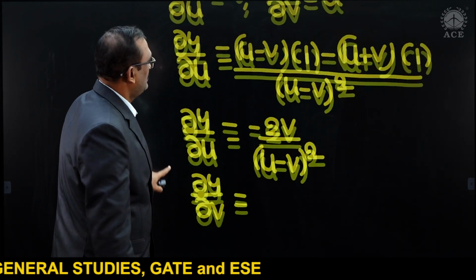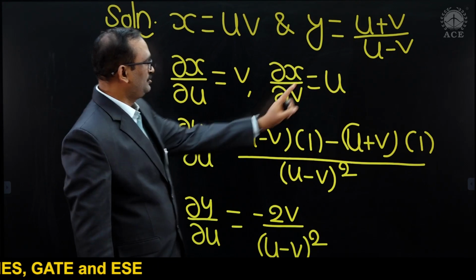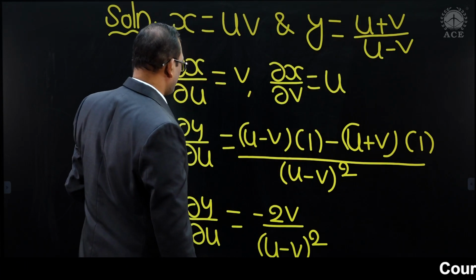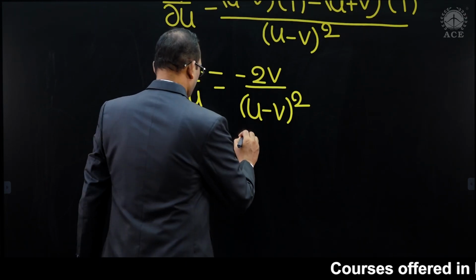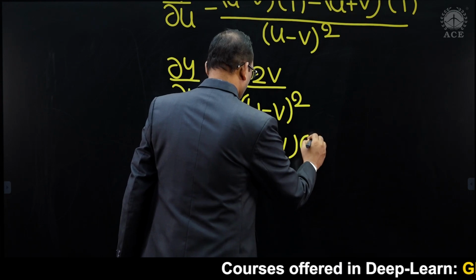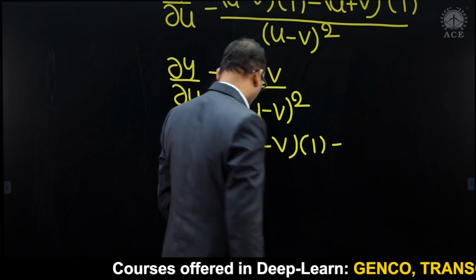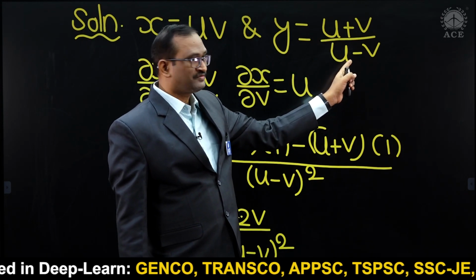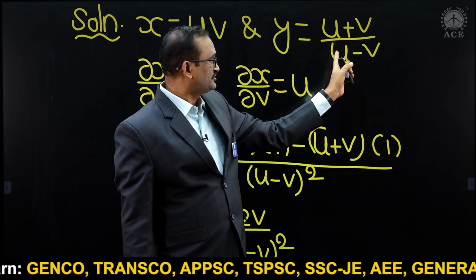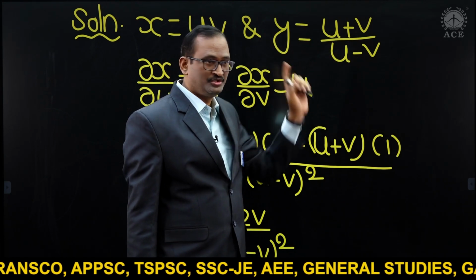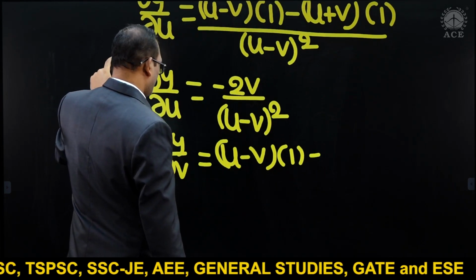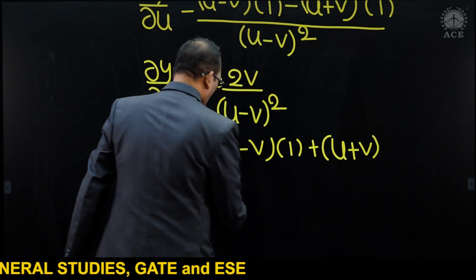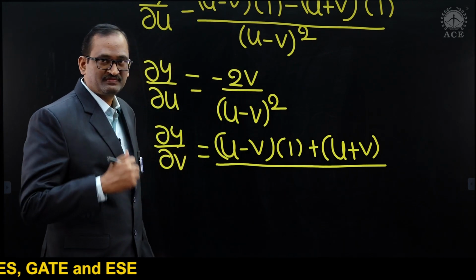So from this, ∂y/∂v is equal to (u−v) into derivative of (u+v) with respect to v, which is 1, so that is (u−v) into 1, minus (u+v) into derivative of (u−v) with respect to v partially, which is 0 minus 1, that is minus 1, so minus 1 into (u+v), upon what we have in the denominator, that is (u−v) whole square.